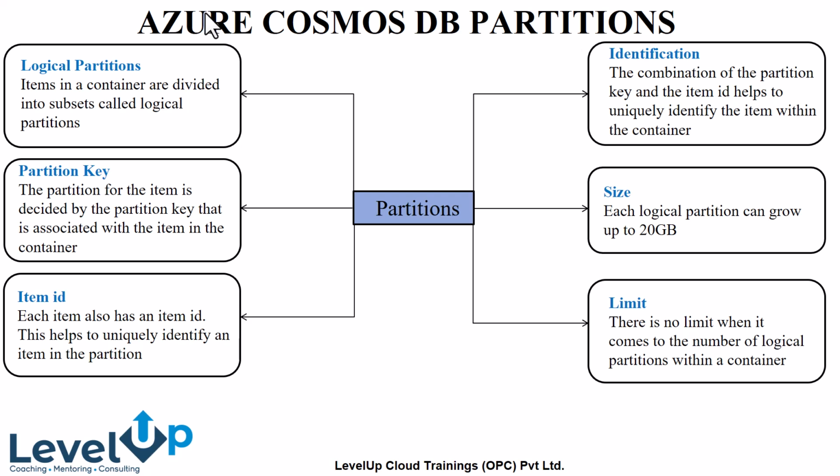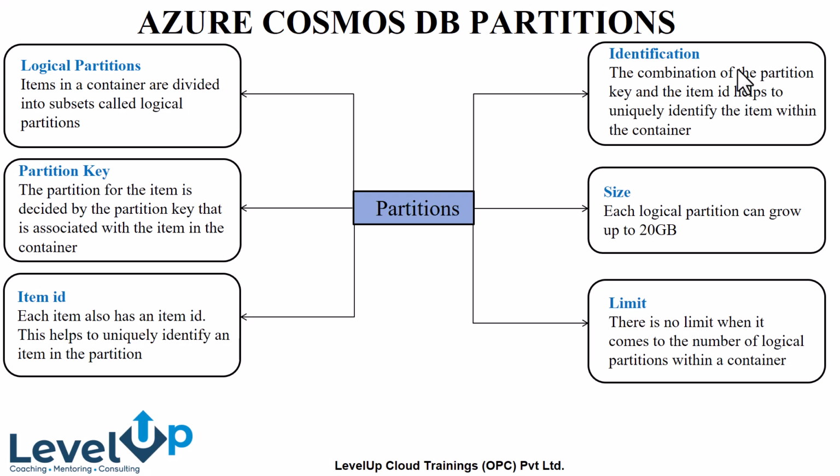The combination of the partition key and the item ID is called identification. We can identify the items with the help of the partition key and item ID, which helps us uniquely identify an item within a container.